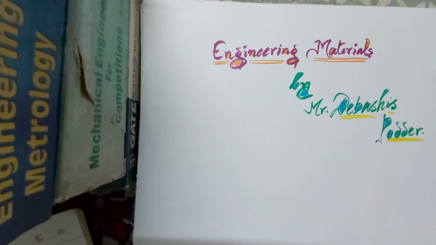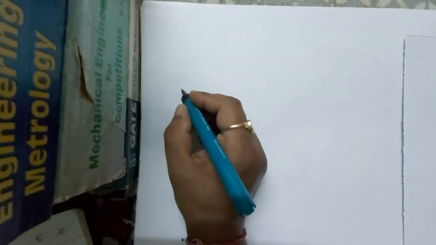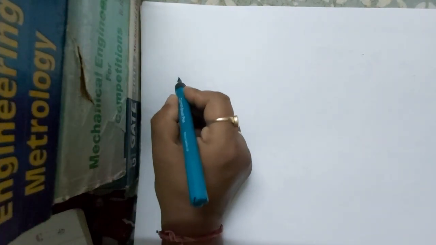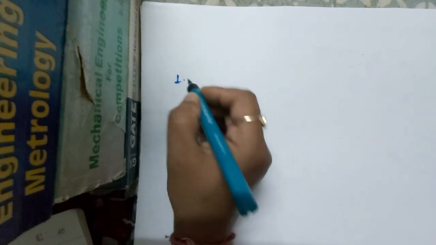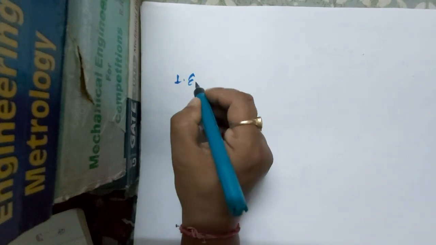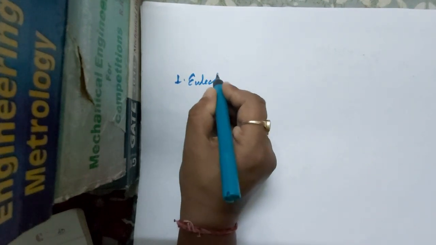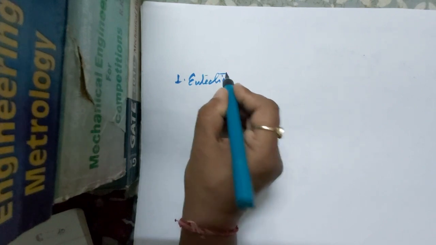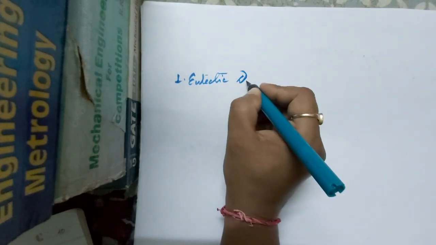Phase diagrams. Basically we have 4 types of phase diagrams. These are: first is the eutectic diagram.